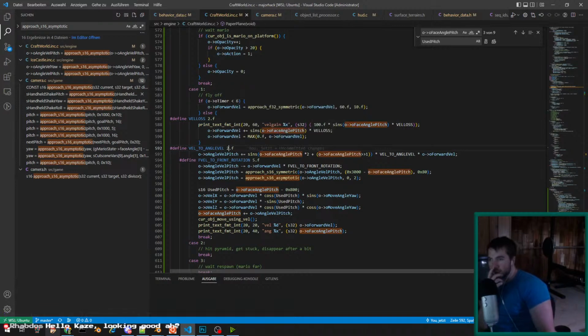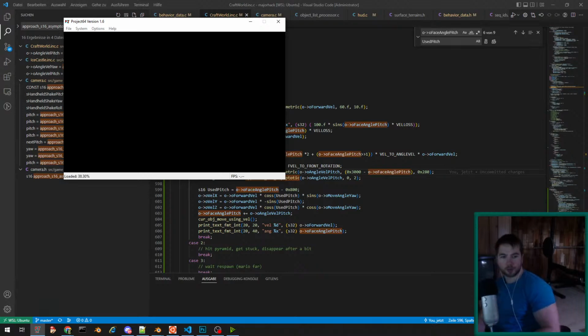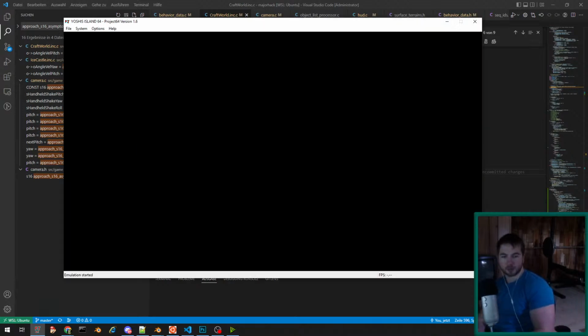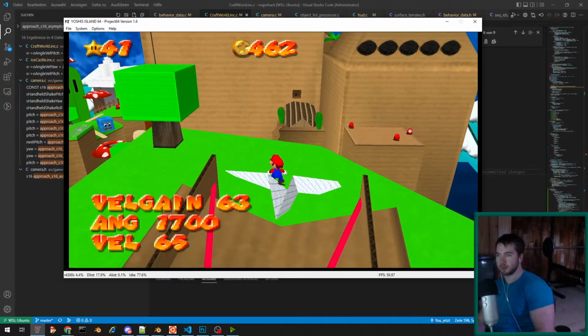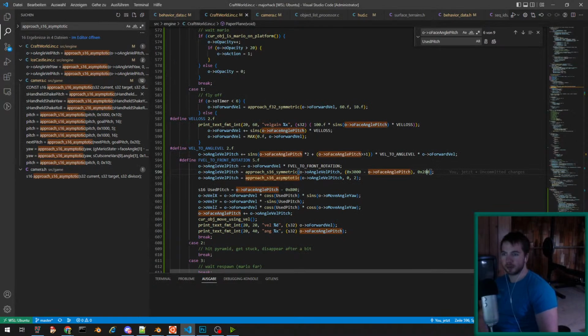Wait, so is there no force tipping it forward, other than this? Surely that can't be right. Well, let's just turn the fuck out of that value. Okay, well, that did something.